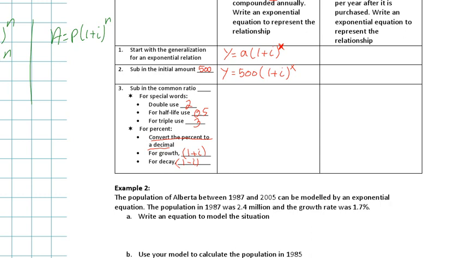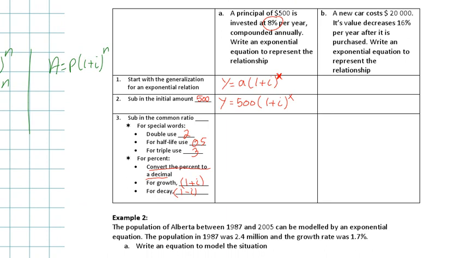So if it's 8%, what would it be in decimals? What's 8% in decimals? 0.08. So you're going to plug in 0.08 for i. So it's going to be y equals 500 times (1 plus 0.08) to the power of x.